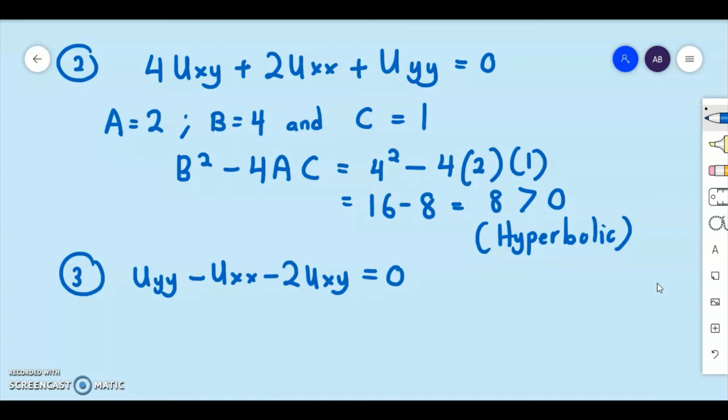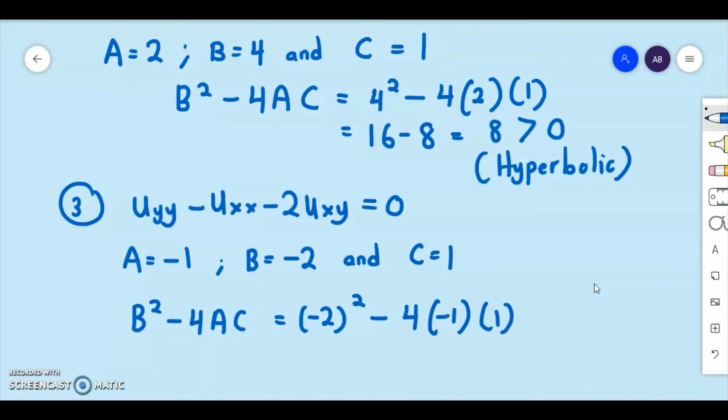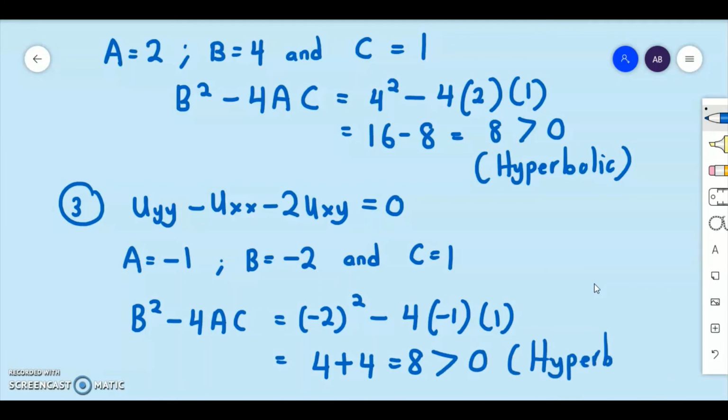In this equation, a equals -1, b equals -2, and c equals 1, because uyy is 1. So let's do this. b squared minus 4ac, which is -2 squared minus 4 times -1 times 1. So I have 4, and negative times negative will be positive, so this is also greater than 0. We have hyperbolic.